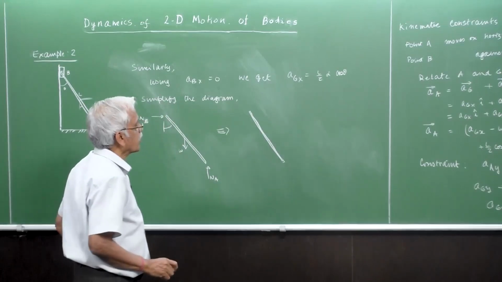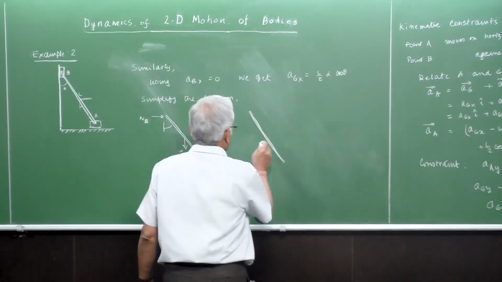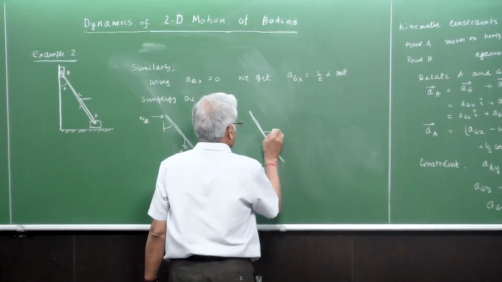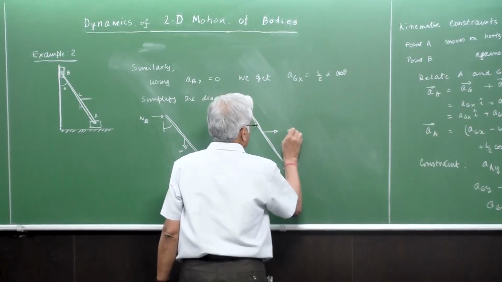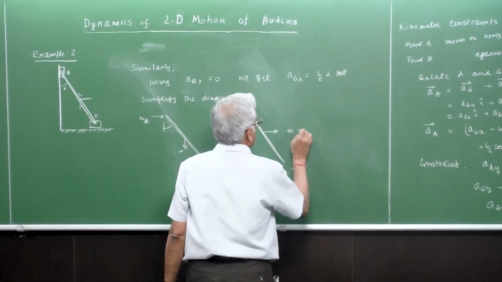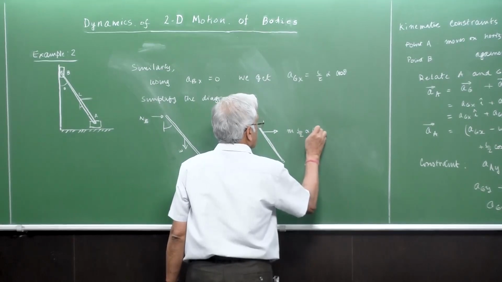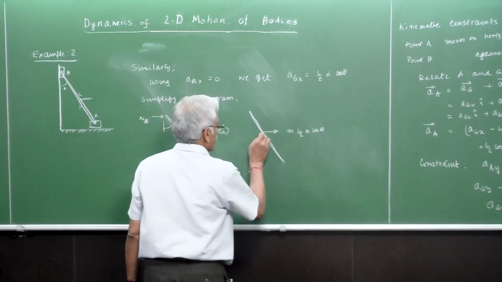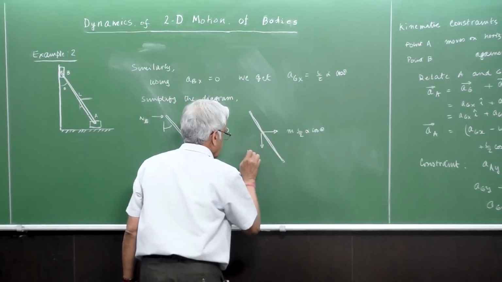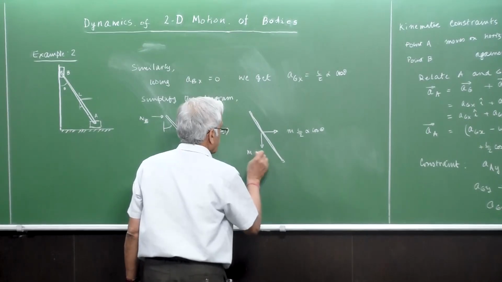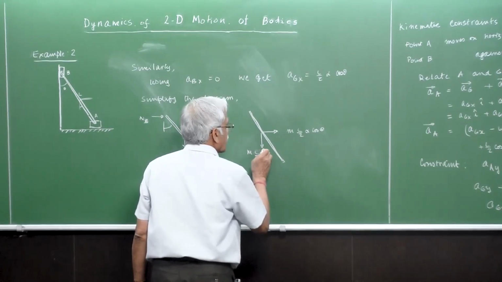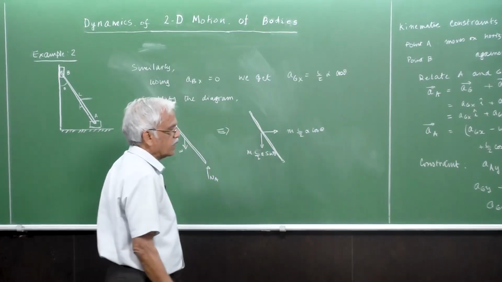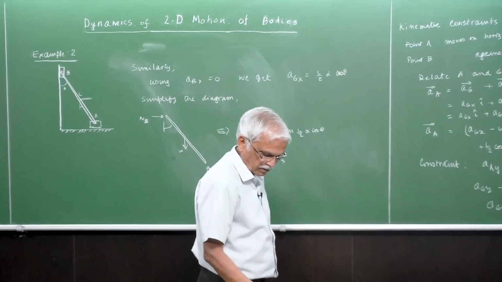So now, AGX is L by 2 alpha cos theta. So it's minus, M L by 2 alpha cos theta, and then AGY, the y component is negative. So we put it like this. Okay. And then we also have alpha here.